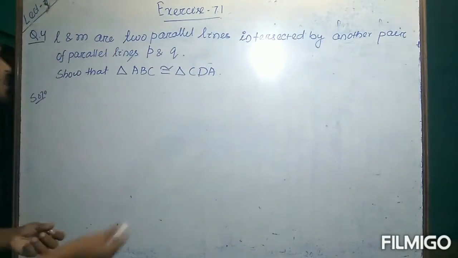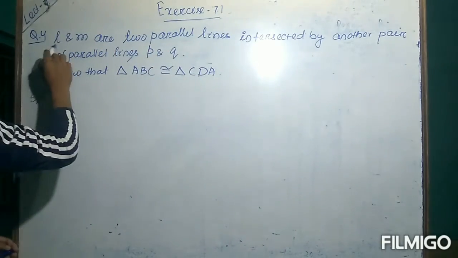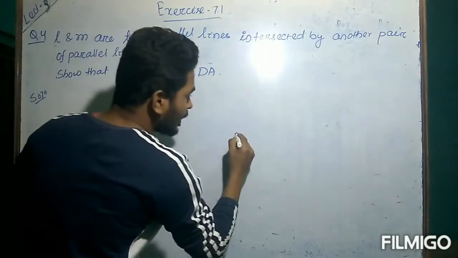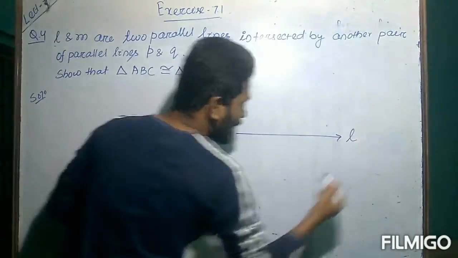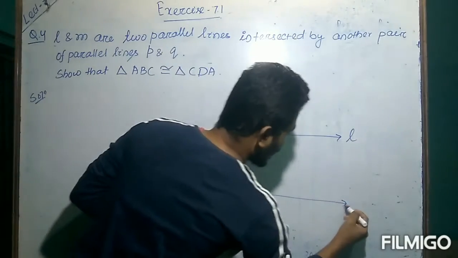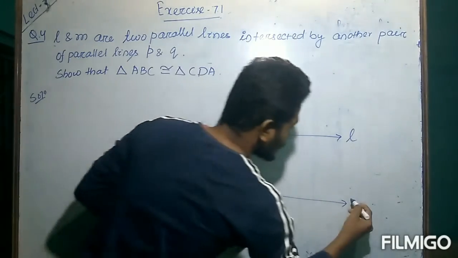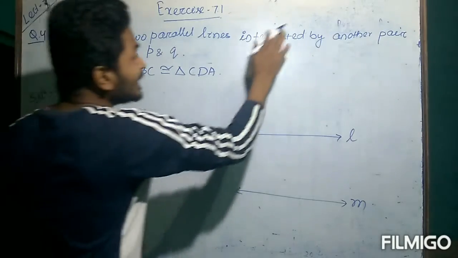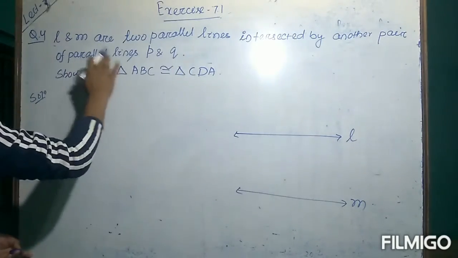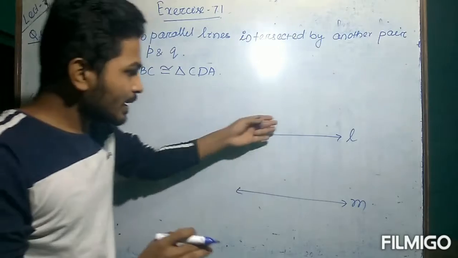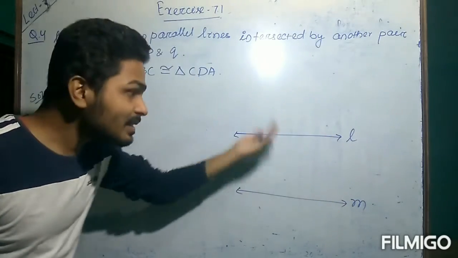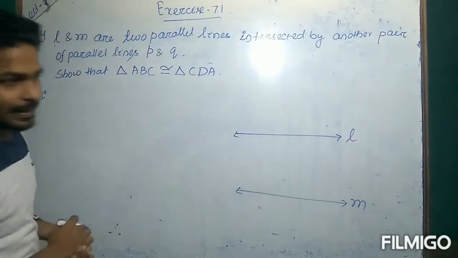Now coming to question number 4. In question number 4 it is given that L and M are two parallel lines. Suppose this is L and another parallel line, suppose this is M, intersected by another pair of parallel lines P and Q. There are two parallel lines L and M, and these two parallel lines are intersected by another two parallel lines.